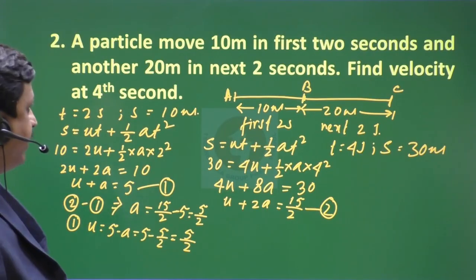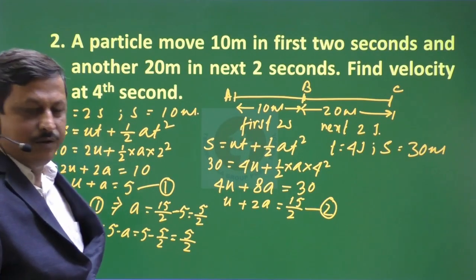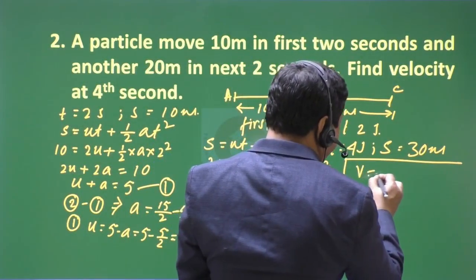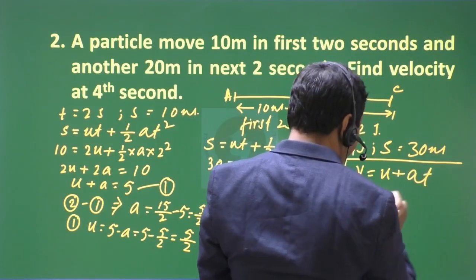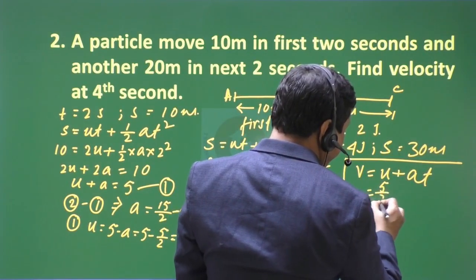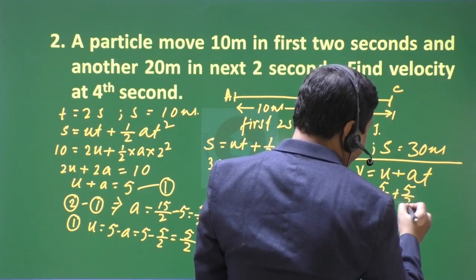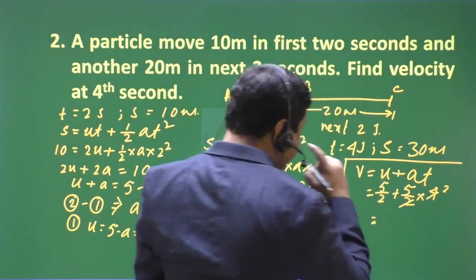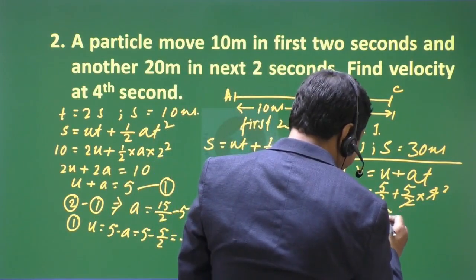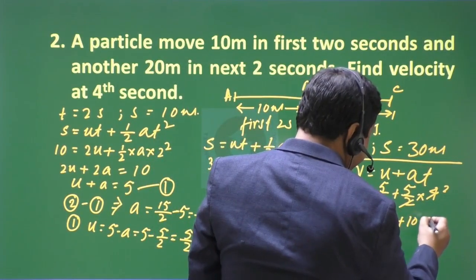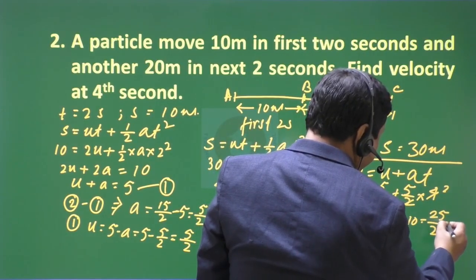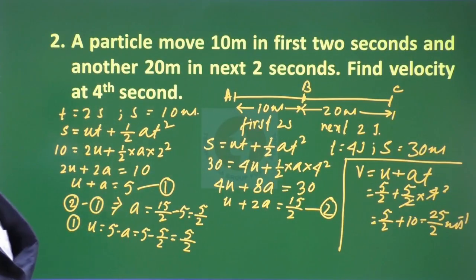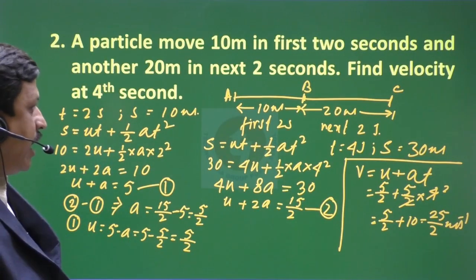You have to find the velocity at the 4th second, so we can put the equation v equals u plus at. u is 5 by 2, a is also 5 by 2, t is 4 seconds, that means 5 by 2 plus 10, that is 25 by 2 meter per second. This is the value of the final velocity at the 4th second.